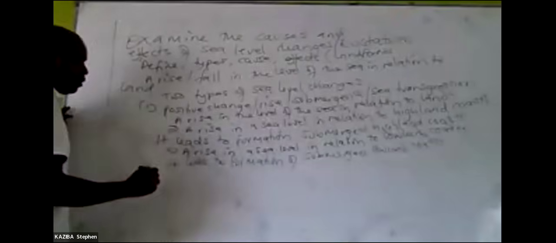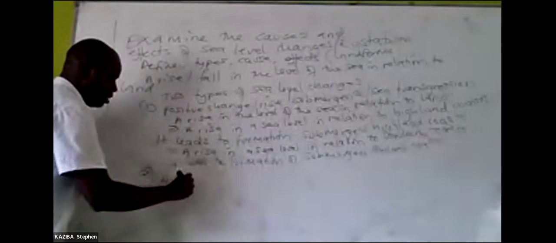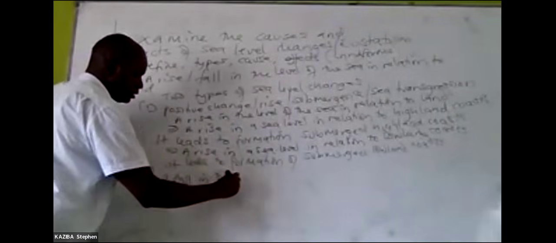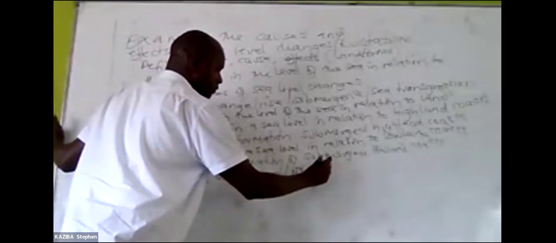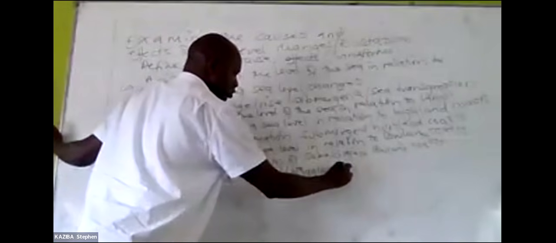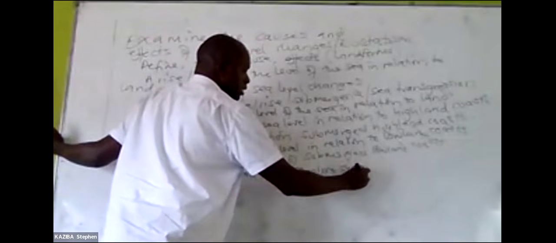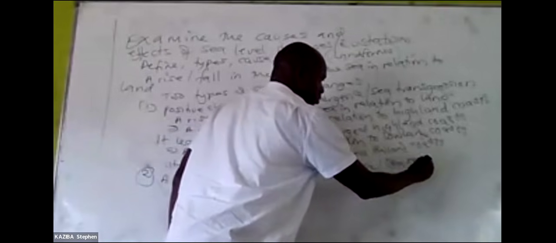Then we go to the next one. The next one now is a fall in the sea level. This is also called negative change. It is also referred to as sea regression.